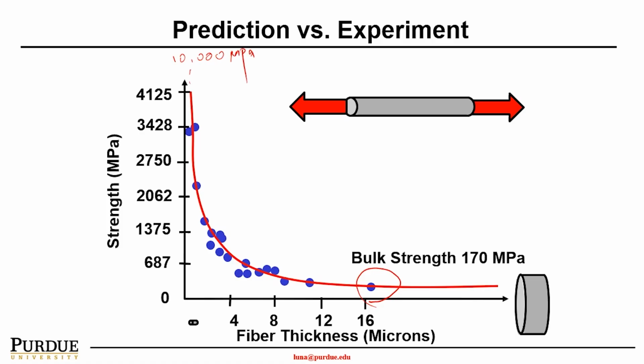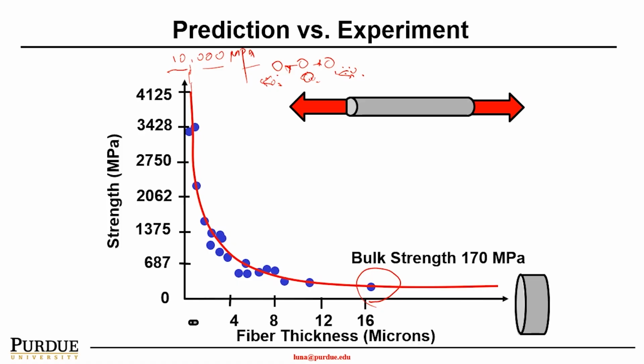So this is the theoretical stress to break the glass bonds, silicon dioxide atomic bonds. If this is a silicon and this is oxygen, breaking these bonds needs 10,000 megapascal, which is almost 100 times bigger than the stress needed to break a bulk material.